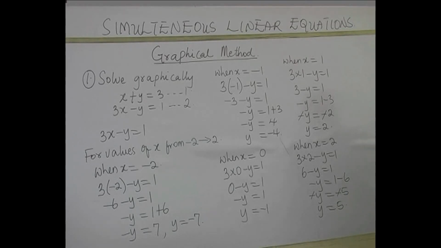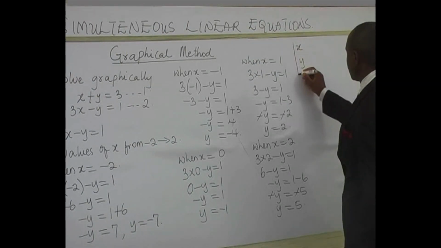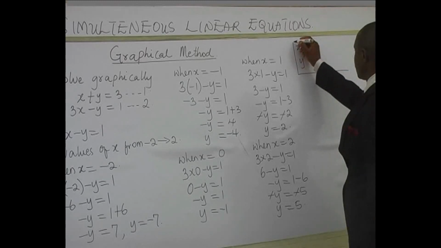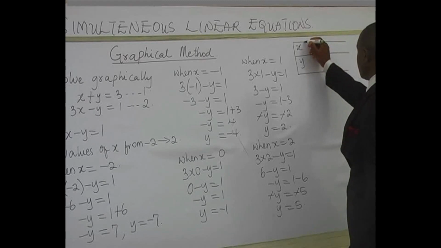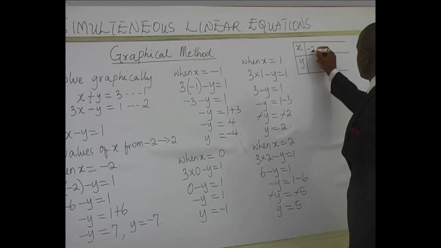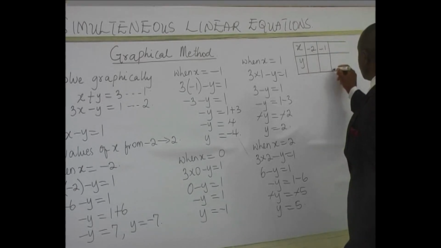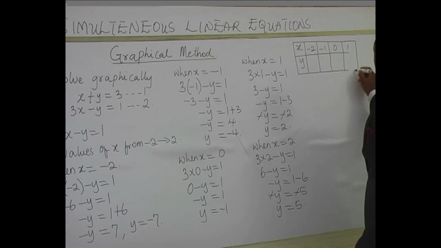So you can now construct the table of values, x and y. When x was minus 2, minus 1, 0, 1, and 2.